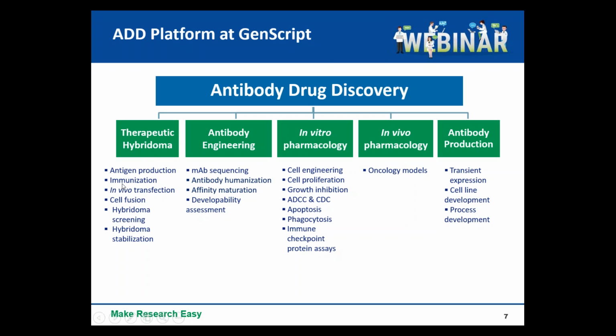We prepare antigen, do the immunization, transfection, cell fusion, hybridoma screening, and hybridoma stabilization for you. Since it's a murine molecule, it has to go through the humanization process, which is also something that we offer our clients. We do the humanization, affinity maturation, and then developability assessment.